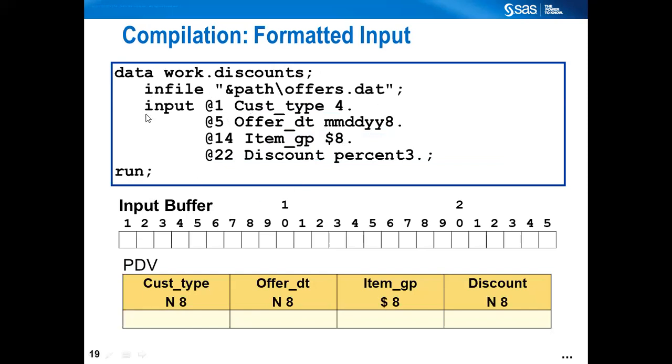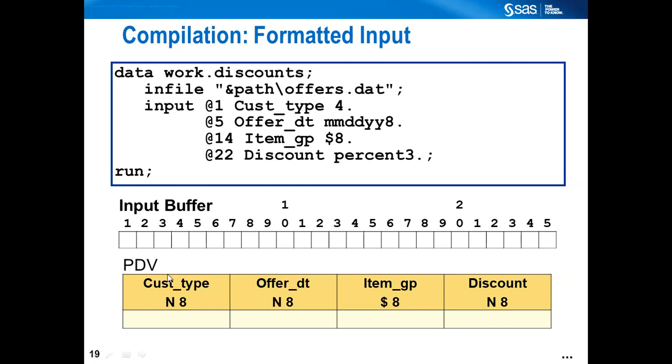Now when you write this data step, at the backend SAS reads your data step from top to bottom, step by step. During compilation, when it encounters infile, it is an instruction that we are reading from a raw file. SAS will create an input buffer in memory with this logical imaginary ruler.